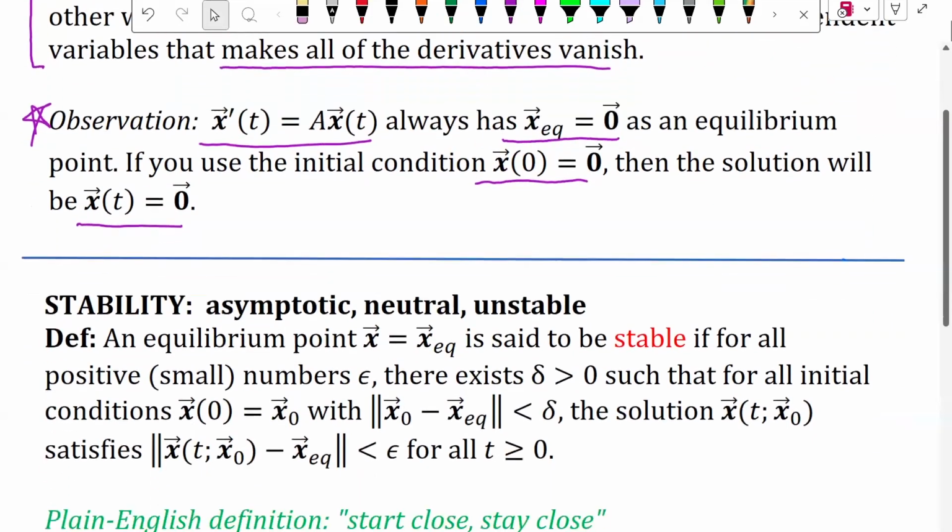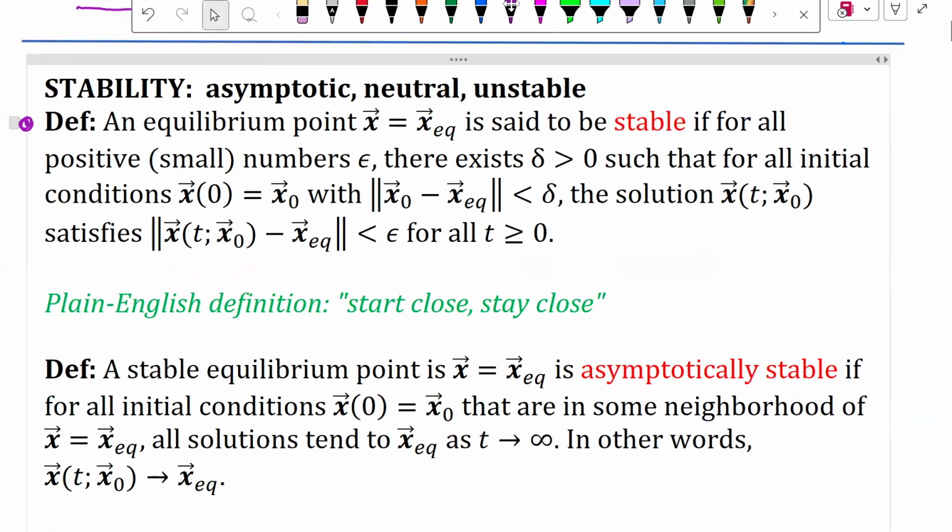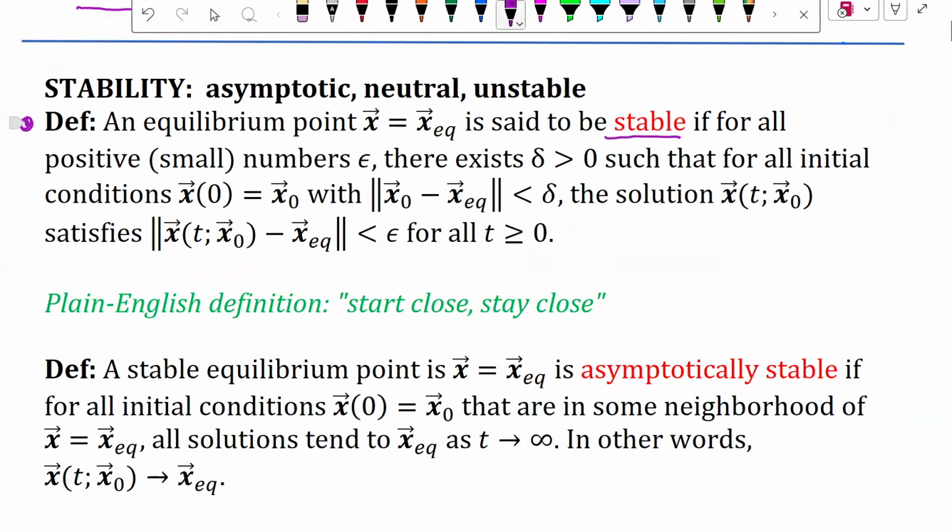Now let's talk about defining stability properties. These are very similar to what we saw in the linear cases, but we have to be somewhat more precise in the nonlinear cases. An equilibrium point is said to be stable if for all positive numbers epsilon that are small, there is a delta such that for an initial condition, X naught, delta close to the equilibrium point, the solution X will remain epsilon close to the equilibrium point for all time t.